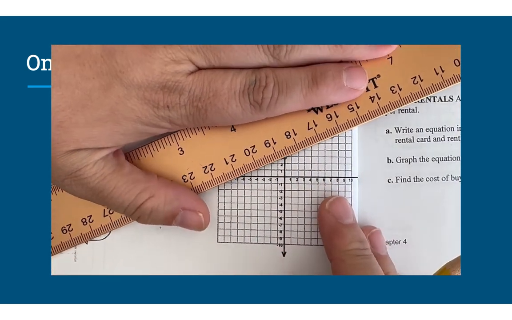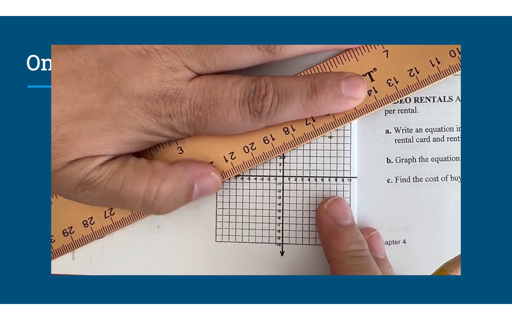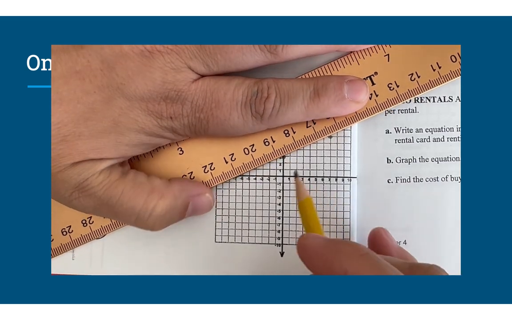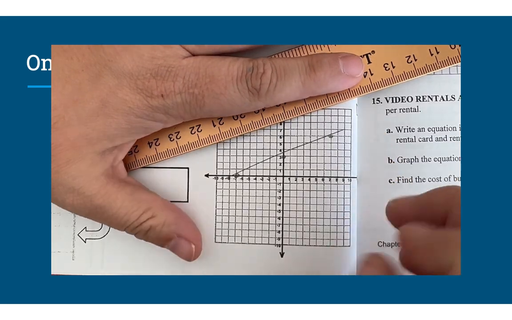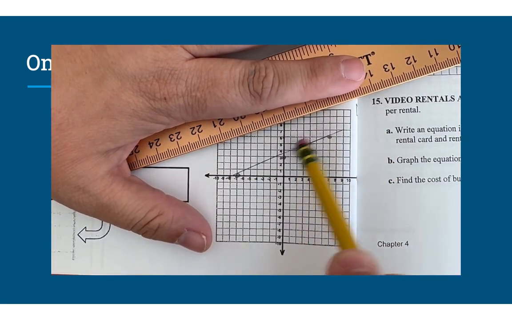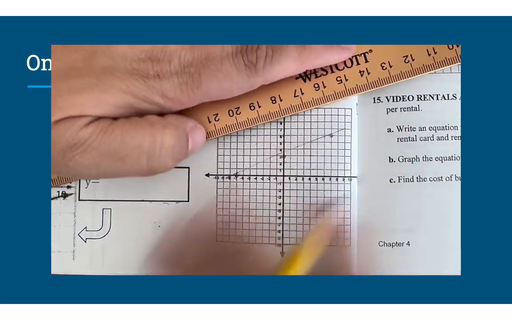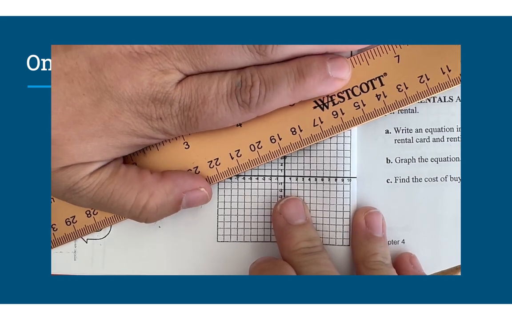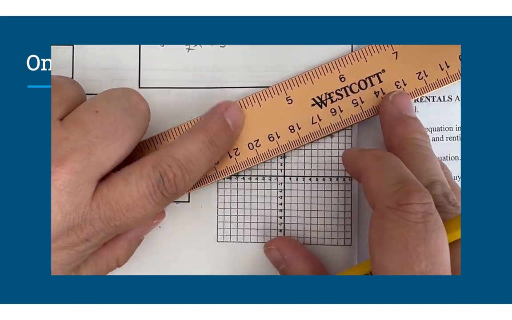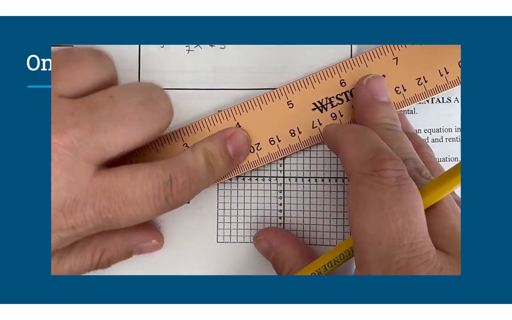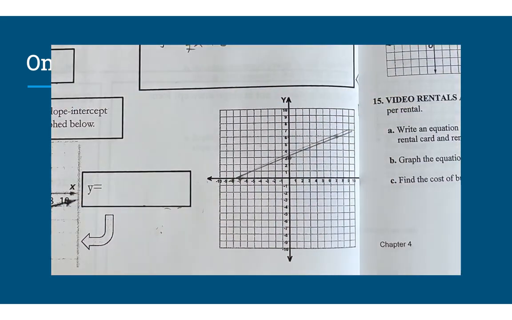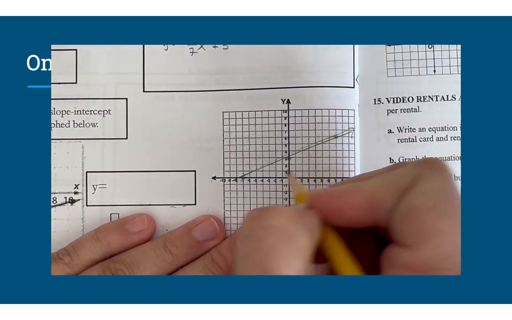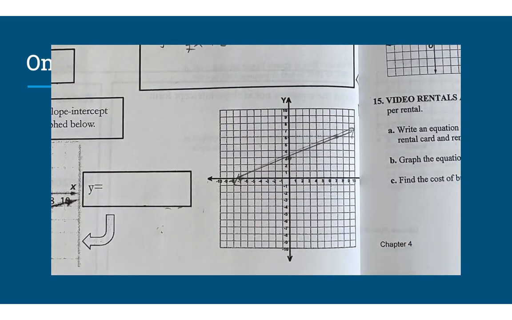I'm going to take my ruler and connect my points. Oops, my ruler was a little bit off, so I'm actually going to fix that. Make sure your points are lined up nicely here. And connect my points. I want to make sure I show my little arrows moving forward, just like that, because my line goes on forever.